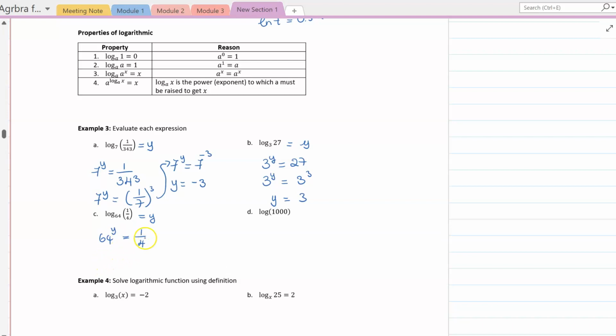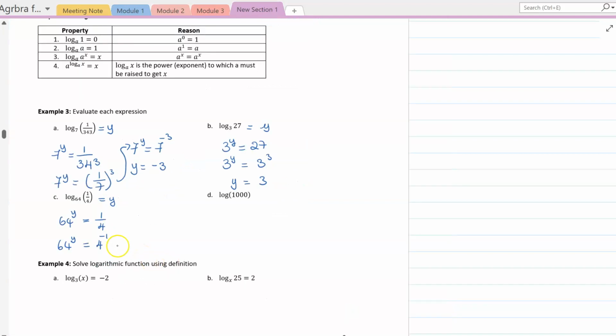So then we want to write this in base 4. So this is 64 to the y equals 4 to the negative 1. And somehow we need to write 64 in terms of 4. Well, this is the case: 64 is 4 to the third.